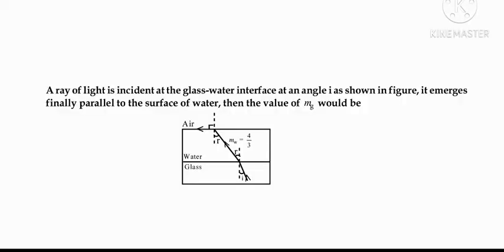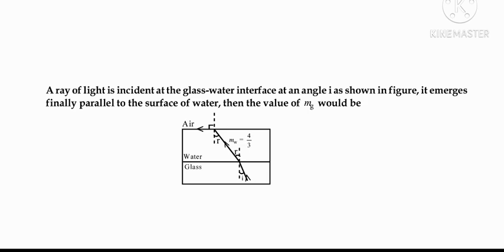Next, 13th question. A ray of light is incident at the glass water interface at an angle I as shown in the figure. It emerges finally parallel to the surface of water. Then the value of mg, the refractive index of glass, we can take mu g also. So see the diagram carefully.